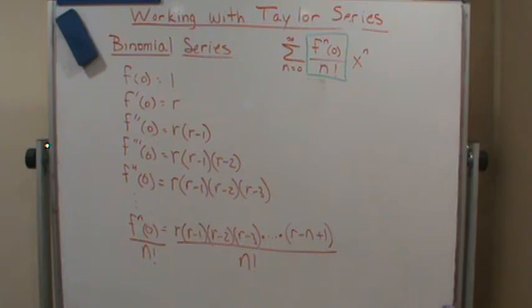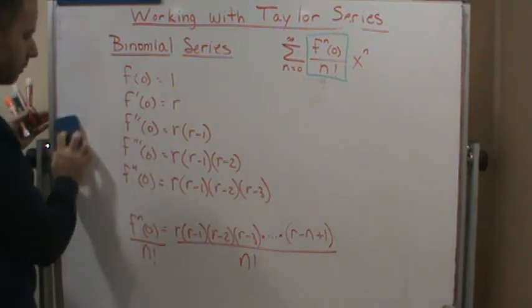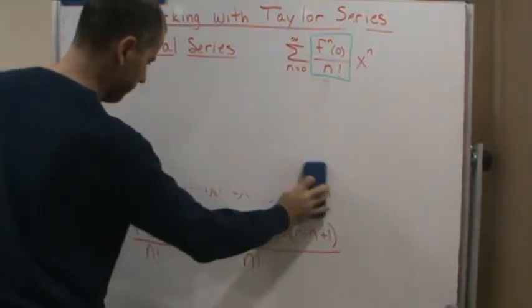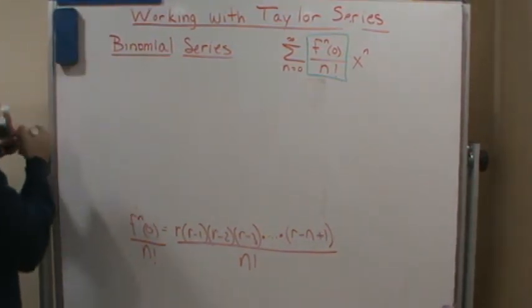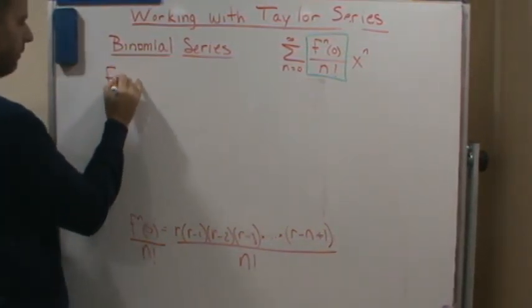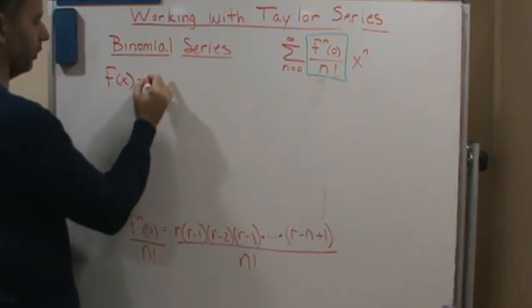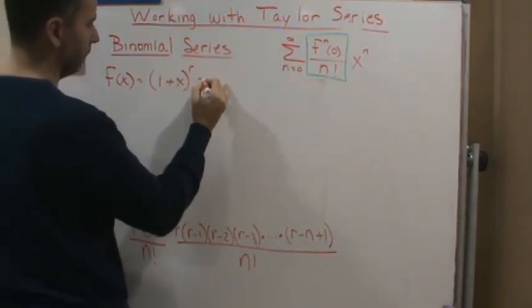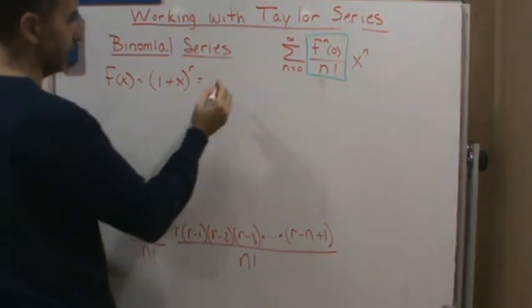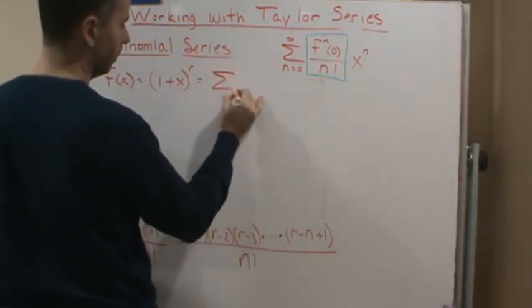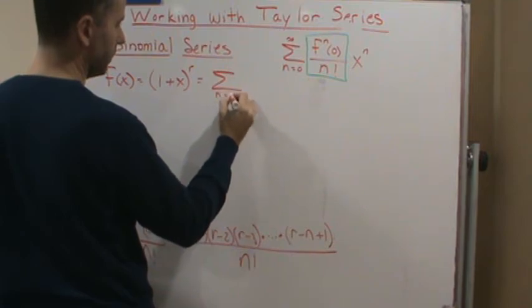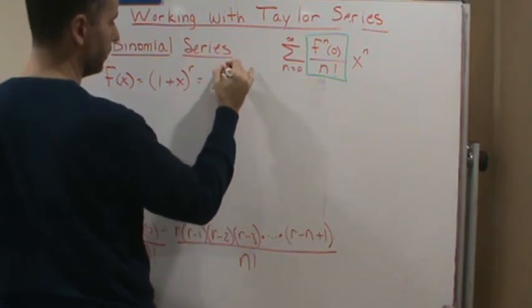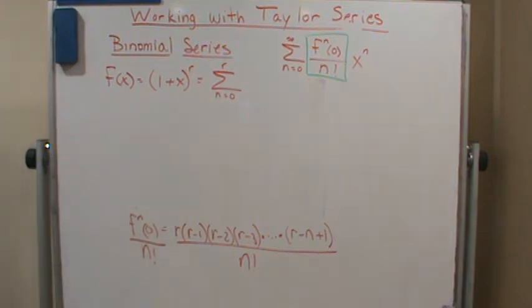And so here's how we write it. So we have f of x equals 1 plus x to the r, which is equal to the series n equals 0 to infinity.